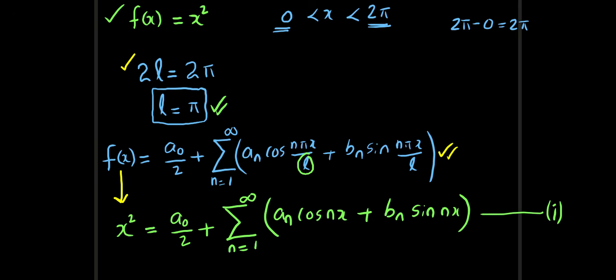Okay, now let's proceed. Now we are going to find the Fourier coefficients. The first thing to find is a naught. I hope you wrote the formula for a naught. Can you check it and tell me?